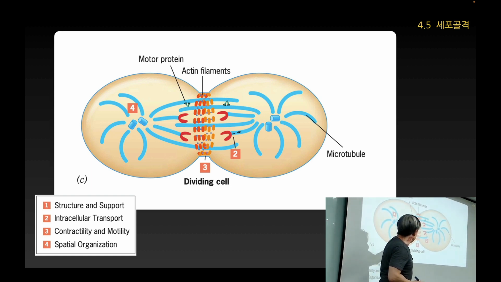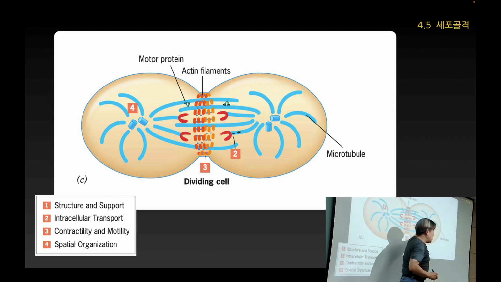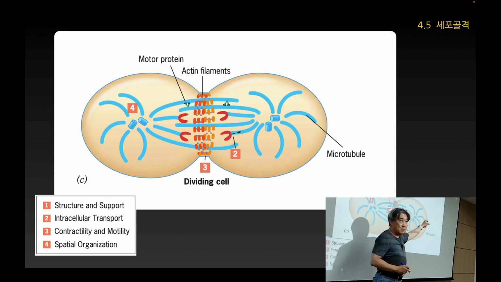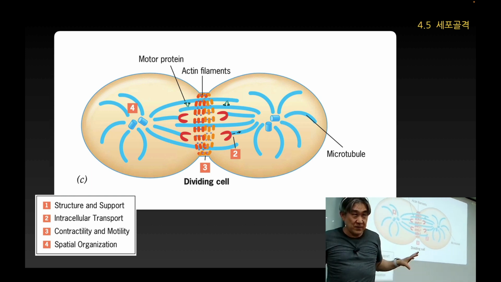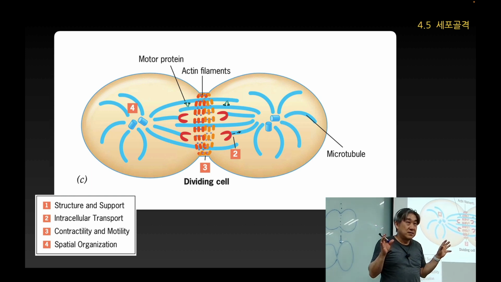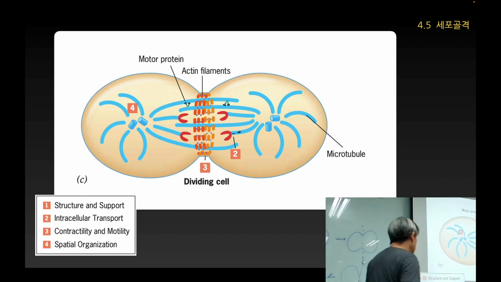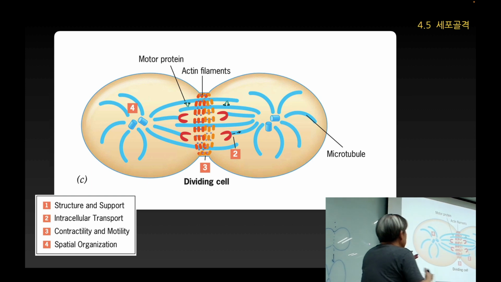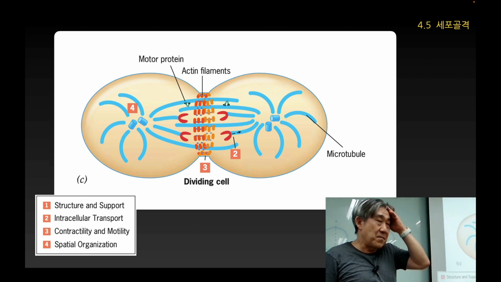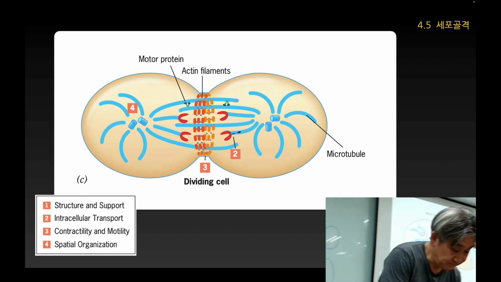Due to that action, each chromosome will migrate to this direction as well as to the opposite direction. That's how you separate your whole genetic information. So these two separate, important routes of cell division are all managed by the function of the cytoskeleton too. Okay?